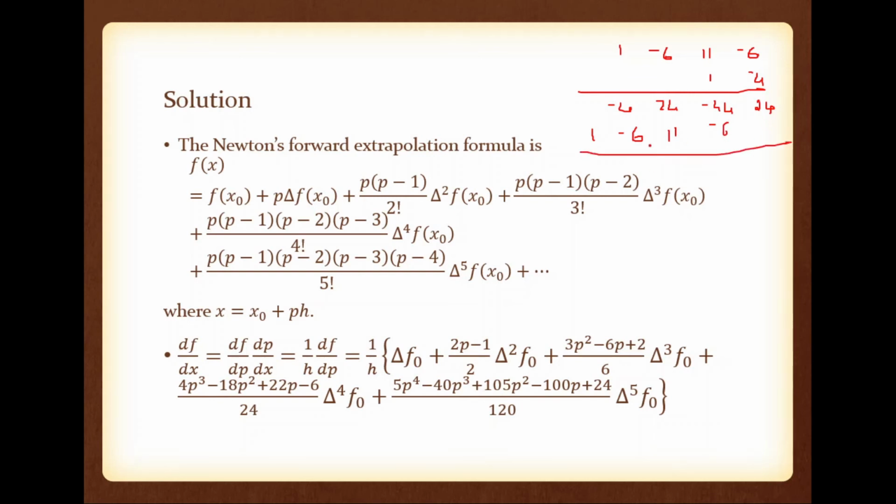Okay, so what is the thing? 1 minus 10, 35, minus 50, 24. Now add a 0 here. So this is p raised to 5 minus 10p raised to 4 plus 35p cube minus 50p square plus 24p.